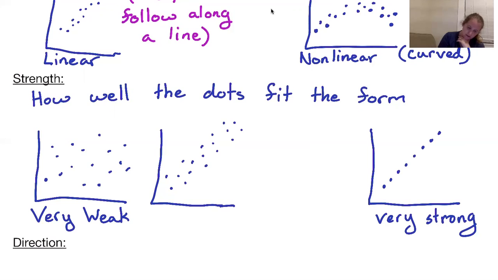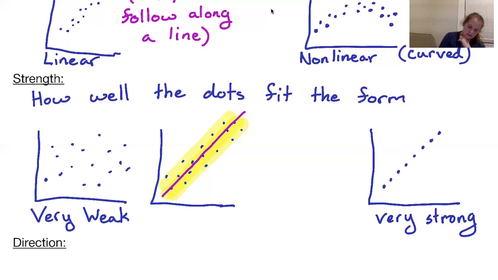So we can fit our scatter plot kind of in a band that follows along a line. There we go. It seems to kind of follow along a line, right?